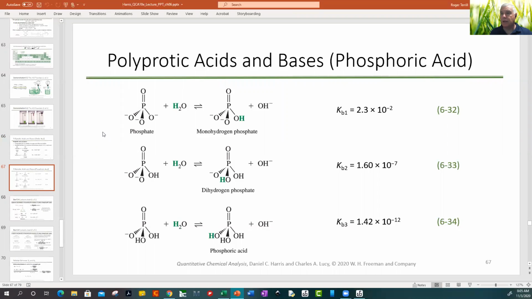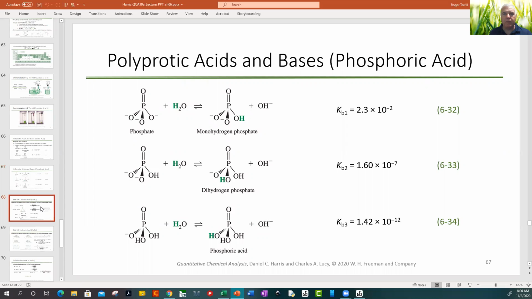Then you can do it again, and again, 3 times, and it goes up by about 5 orders of magnitude each time. This is actually a fairly common thing. If the acidic centers are close to each other, there's a 5 order of magnitude increase in the pK value each time.